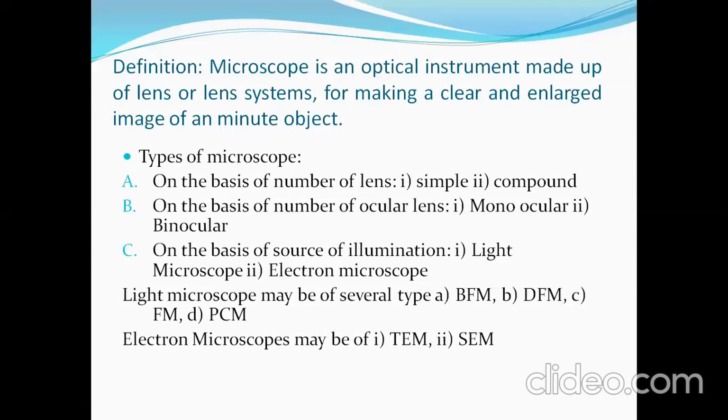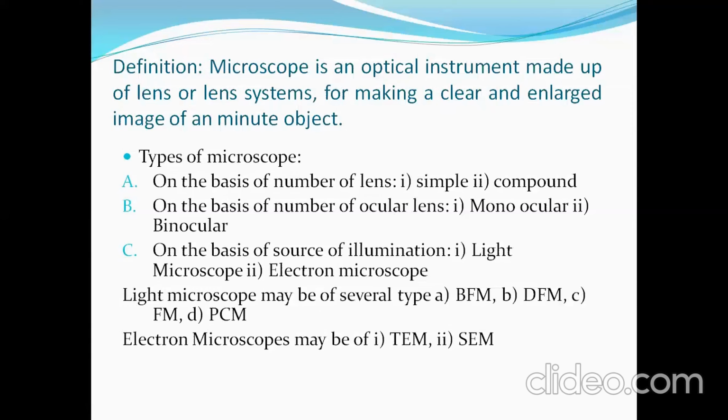On the basis of the number of ocular lenses, we have the monocular microscope, and the binocular microscope, where two ocular lenses are present. Right.